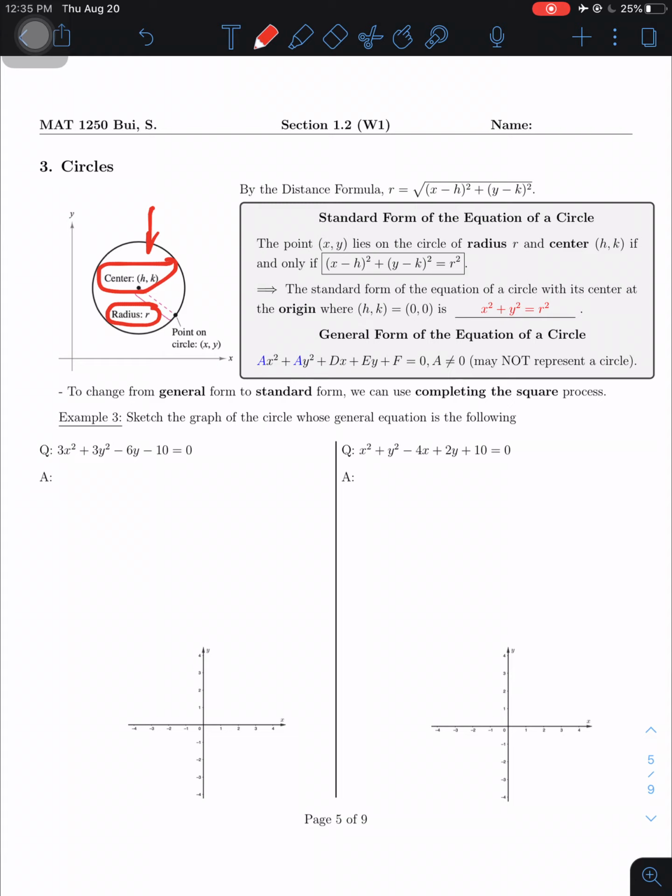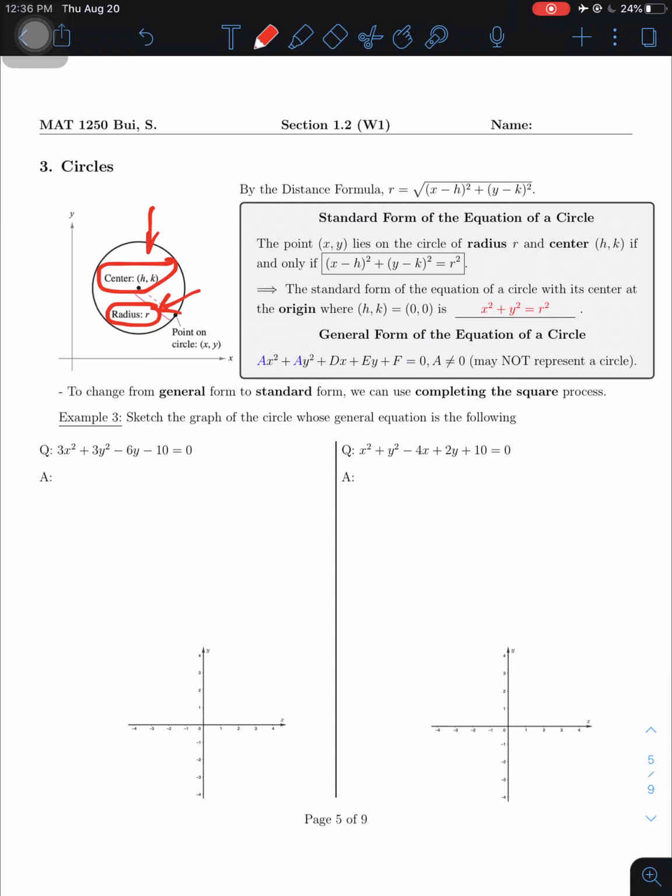So for the x part, we call it h, and for the y part, we call it k. Because for x and y, it's just like any random point. That's why we want to give it a special name for the center. That's why we run out of letters and we go for h and k. For radius, the symbol for it would be r. R for radius. We all know that, so that is all right.